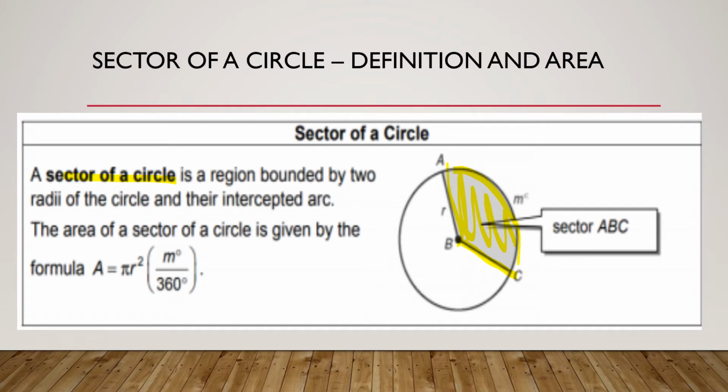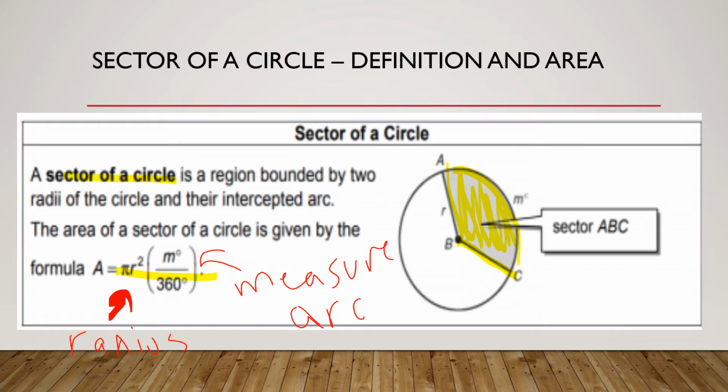If we want to find the area, the amount of space that this actually covers, we use the formula pi times radius squared times the quantity of m divided by 360. R stands for our radius, and m is the measure of the arc, which is what we had learned in our lessons last week.